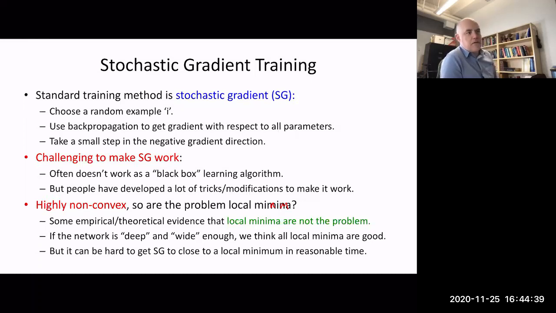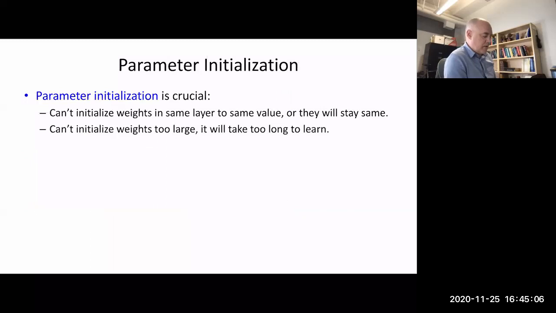If you look for papers on highly over-parameterized models, so if the network is deep or wide enough, there's some thinking that all local minima are probably good and maybe even equivalent. The problem is that it still can be hard to actually descend into one of those using stochastic gradients.